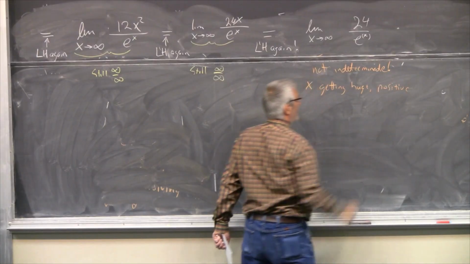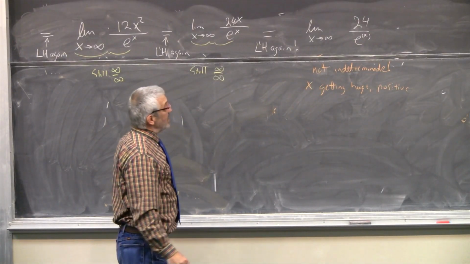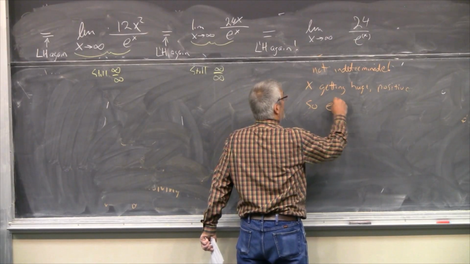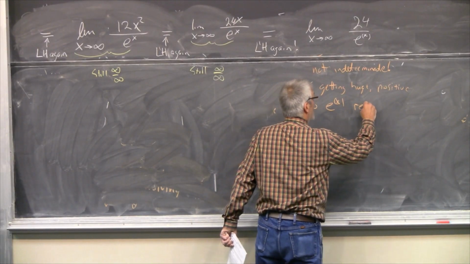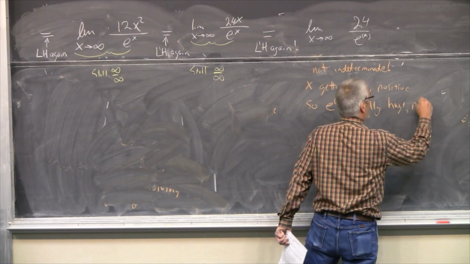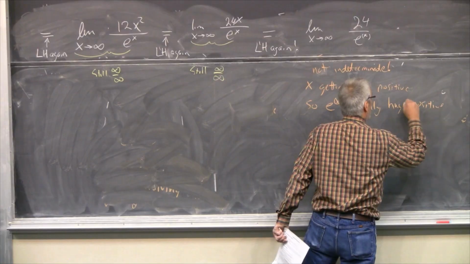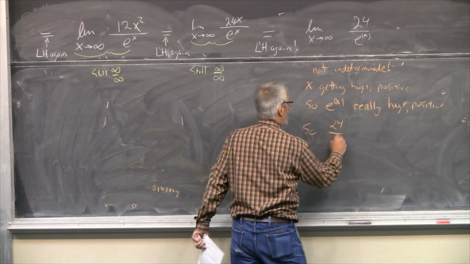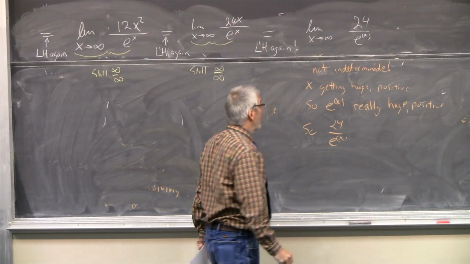So as my friend Andrea from Brooklyn would say, it's getting huge. So e to the x is really huge and positive. So 24 over e to the x is going to be very close to 0.